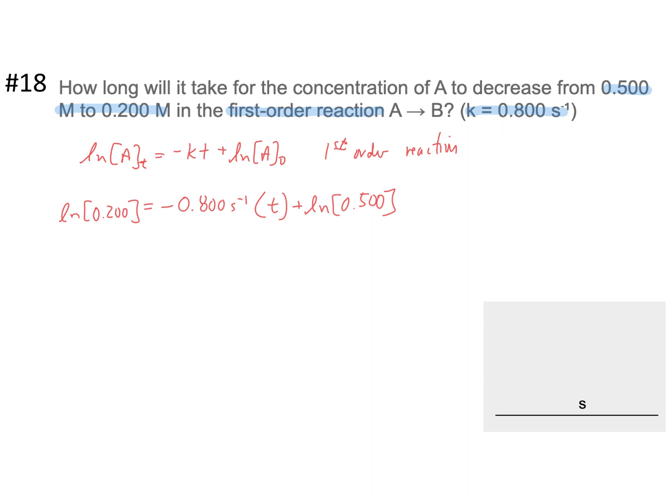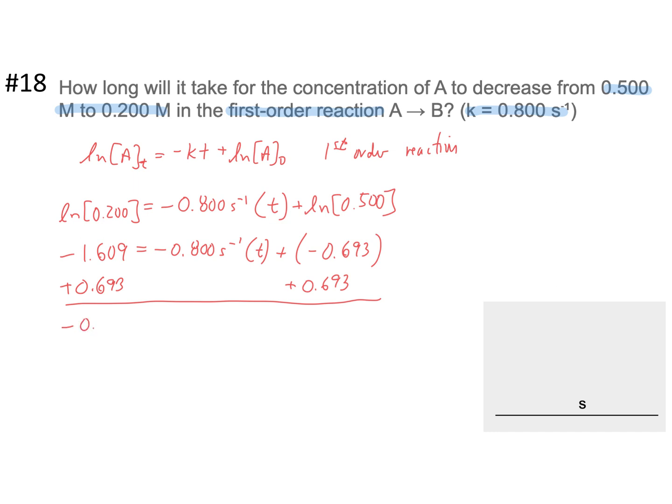Take the natural log, and I get negative 1.609 equals a negative 0.8 inverse seconds times time, plus the natural log of 0.5, which is a negative 0.693.